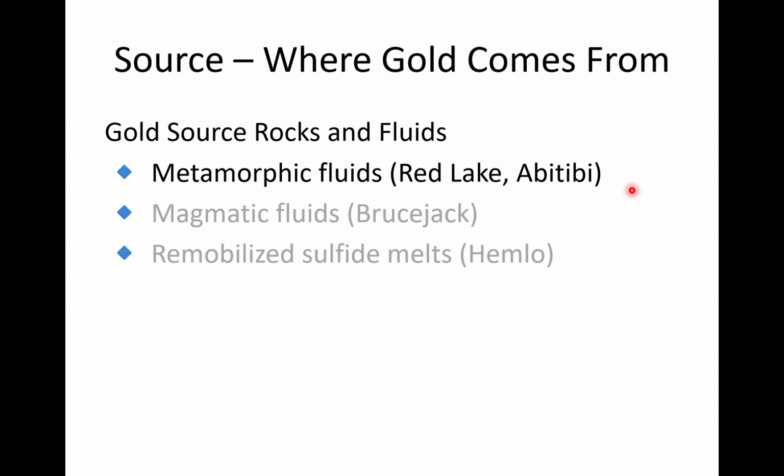During prograde metamorphism, for example, from greenschist to amphibolite facies, dehydration of hydrous minerals releases carbon dioxide and water fluids that carry gold and other metals. And these fluids leach gold from broad volumes of rock.